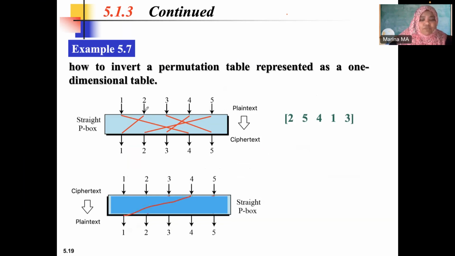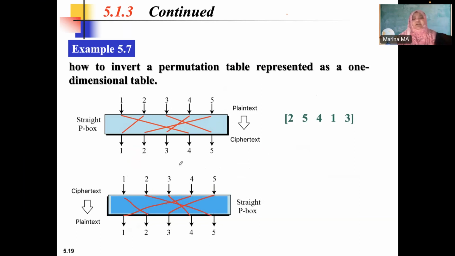Again, if 2 from plain text goes to 1 in ciphertext, then 1 ciphertext goes to 2. 3 plain text, 5 ciphertext means 5 ciphertext, 3 plain text. 4 plain text, 3 ciphertext; 3 ciphertext, 4 plain text. 5th plain text, 2nd ciphertext; 2nd ciphertext, 5th plain text.